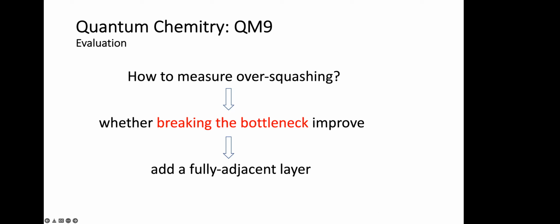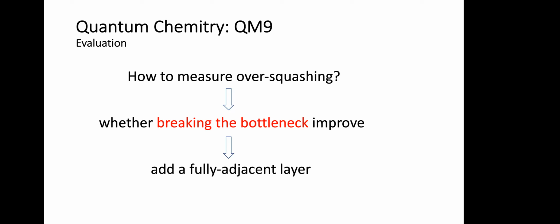Okay, I see, but going back to breaking the bottleneck, what is exactly the definition of the bottleneck? Because it is still a bit confusing to me that the fully adjacent layer will further increase the bottleneck problem. Oh, okay.